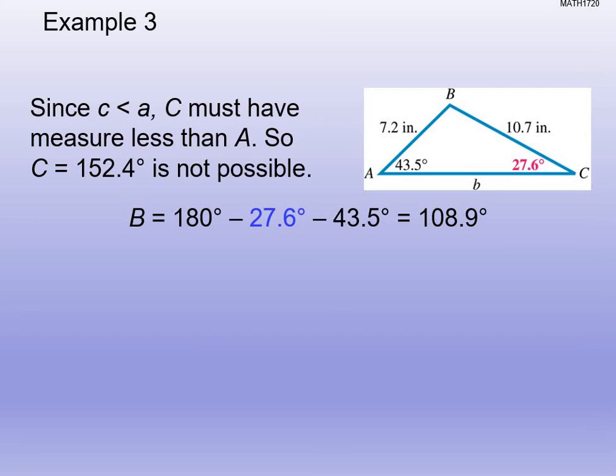So it's 180 minus 27.6 minus 43.5. That gives us 108.9. So we're just solving the first triangle here. Now that we have big B, we're able to find little b.